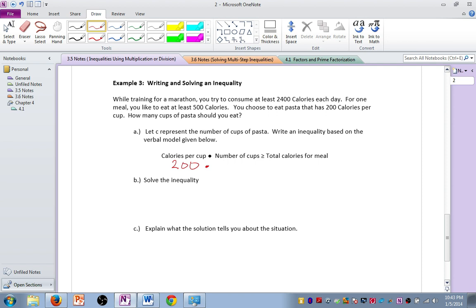And we're going to multiply that times the number of cups, which we don't know, and we're going to let C represent that. And we want that together to be equal to or more than the total calories for the meal, which is 500. So now we're going to solve that. We're going to write this as an inequality. 200 times C is 200C, and we want that to be greater than or equal to 500.